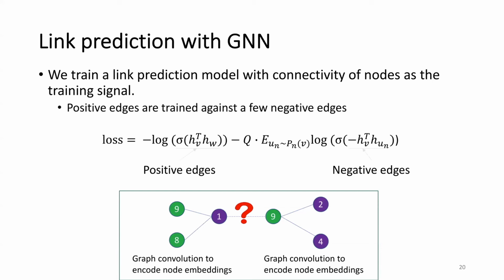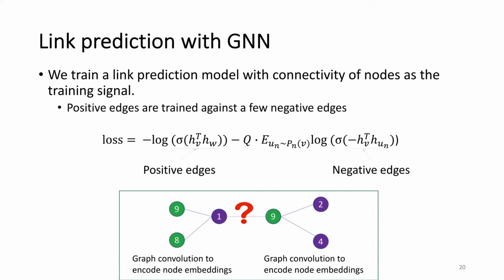Now that we have defined all the different pieces of the loss function, what we usually do is, for every positive edge that we have, we generate a set of negative edges by randomly sampling pairs of vertices that are not connected via edges.